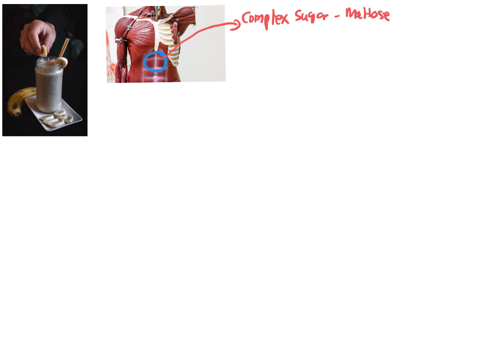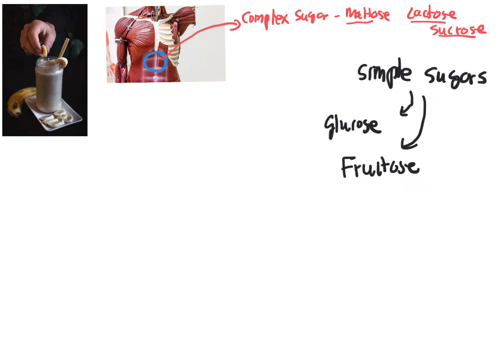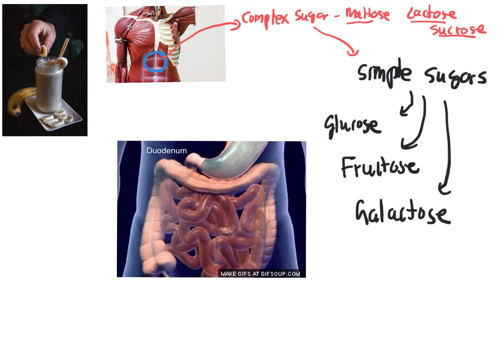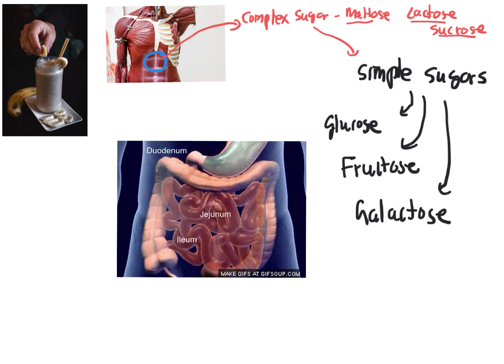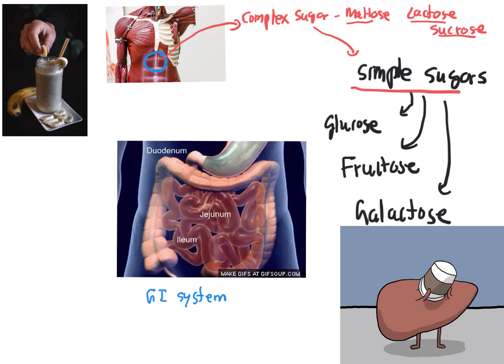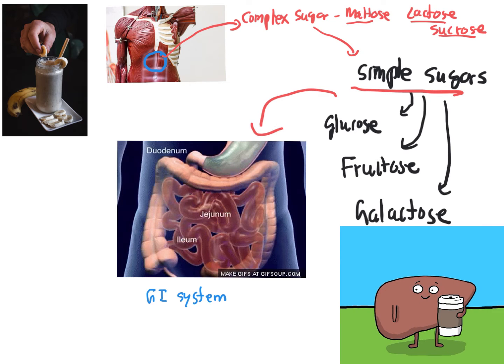They are broken down into simple sugars such as glucose, fructose, and galactose, and these are absorbed in the small intestine, and from there they go to the hepatic portal system, which basically transfers the simple sugars from the GI system to the liver.